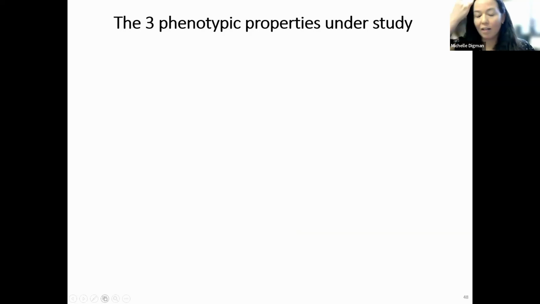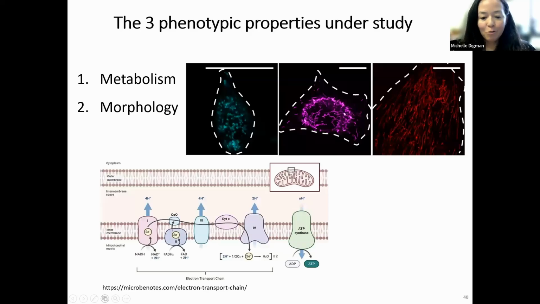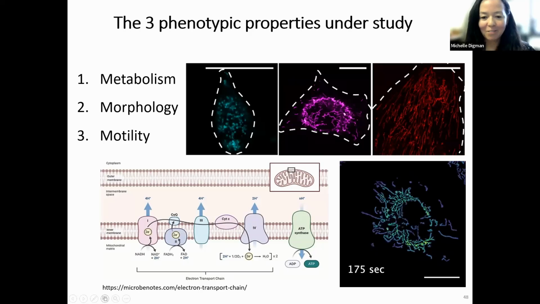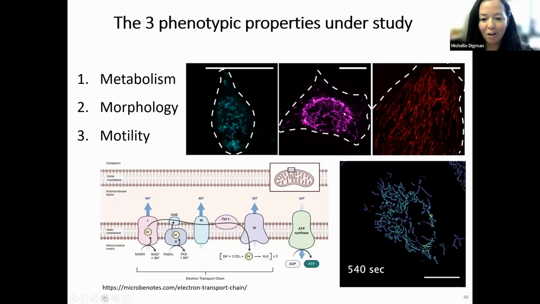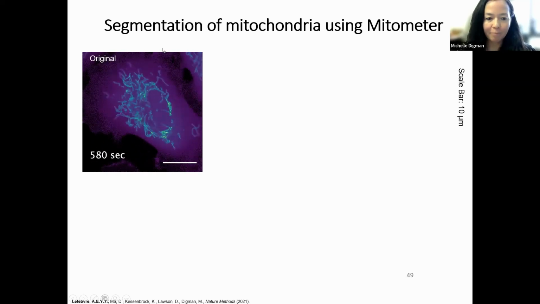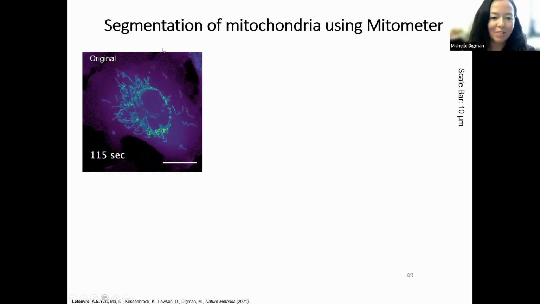in NIH3T3 cells. So I then got a new student once one student left, and that was the task for the student, to follow these mitochondria over time. And it was right before COVID, this was happening.